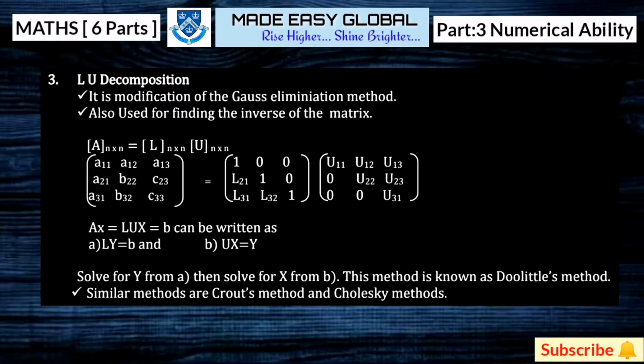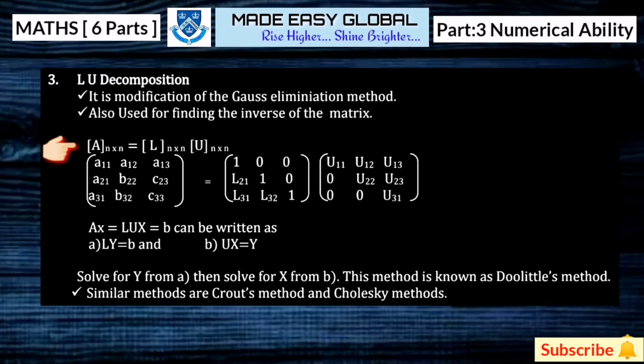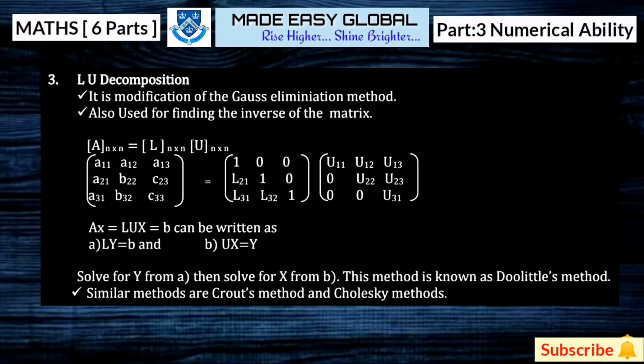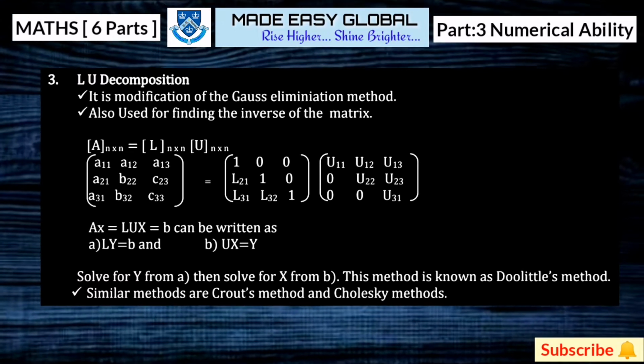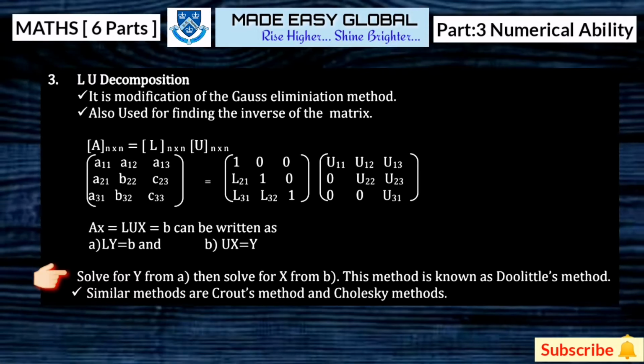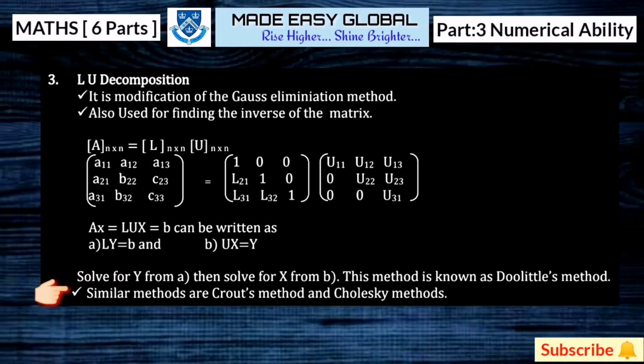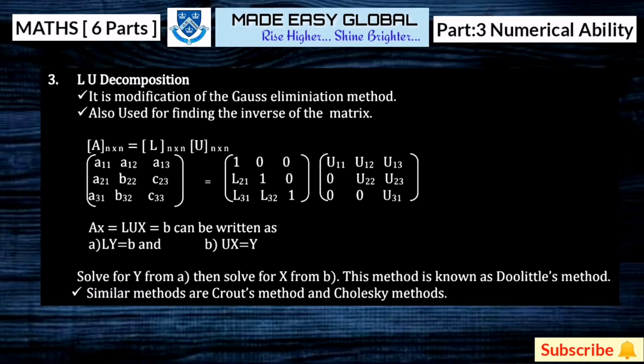Here this is the representation of the LU decomposition method. Then solve y from the first, then solve x from the second. This method is known as Doolittle's method. And then similar methods are Crout's method and Cholesky's method.